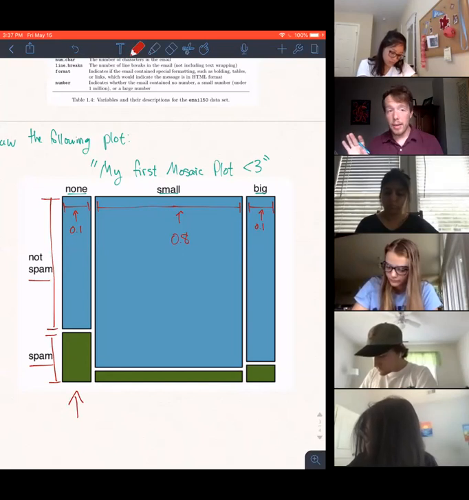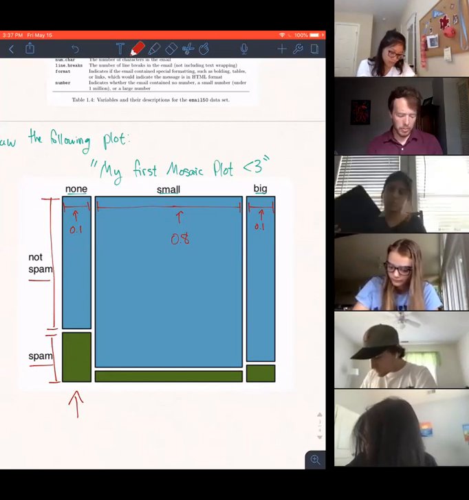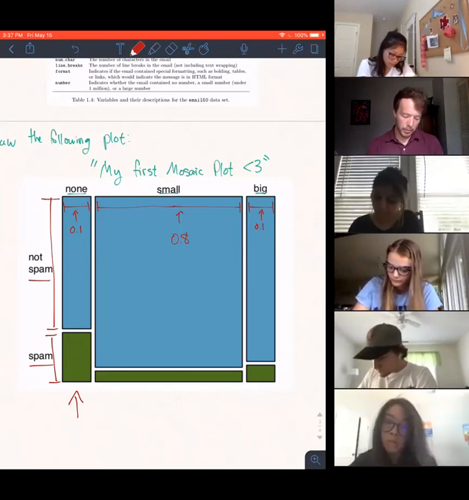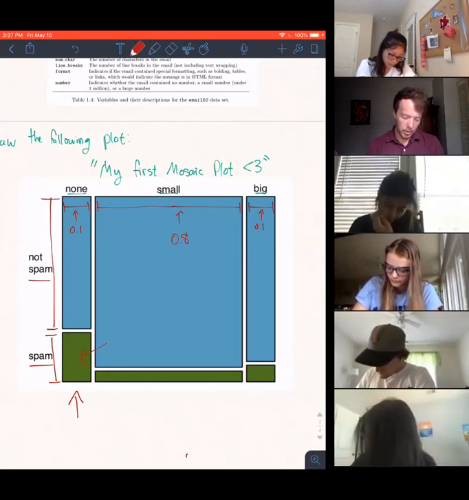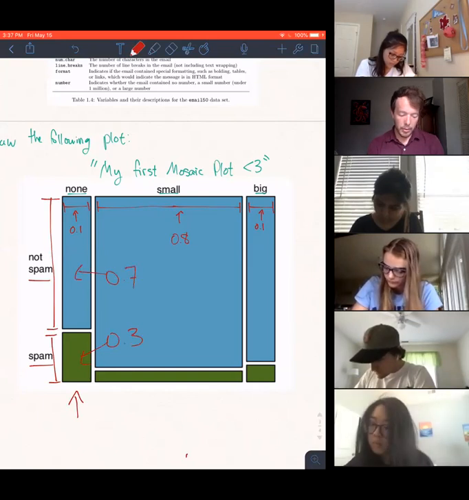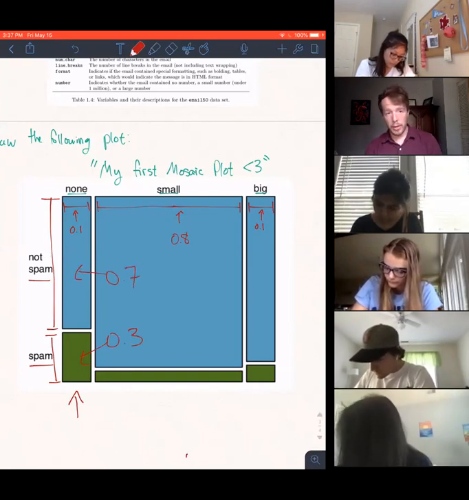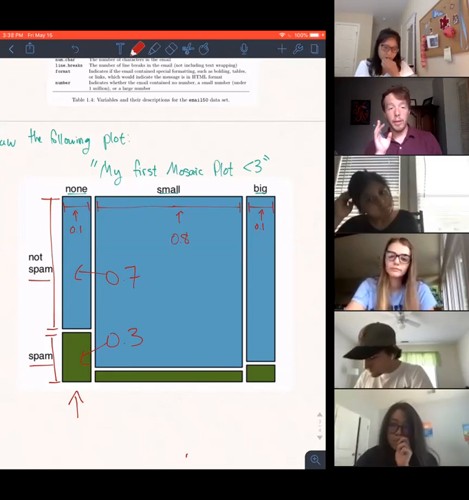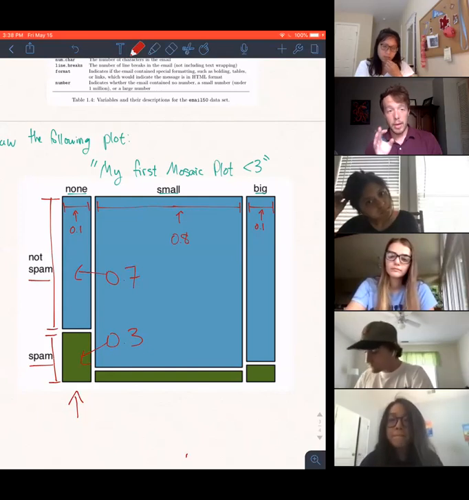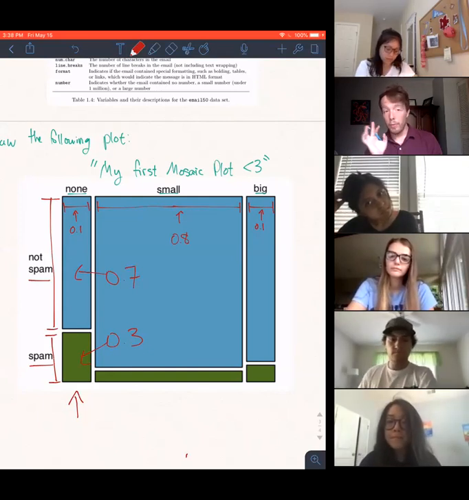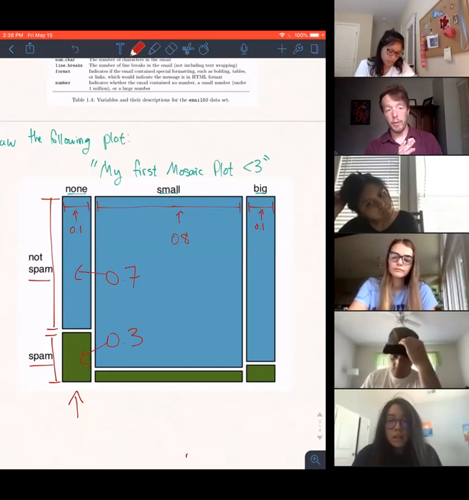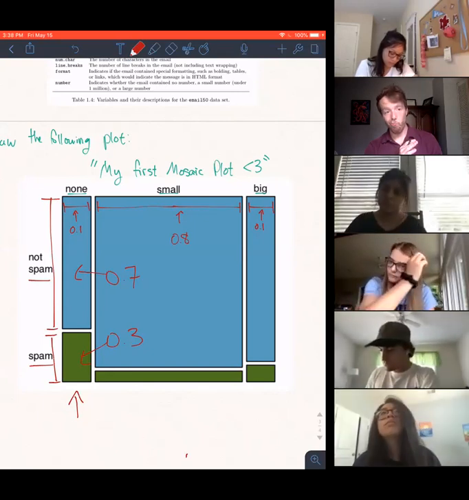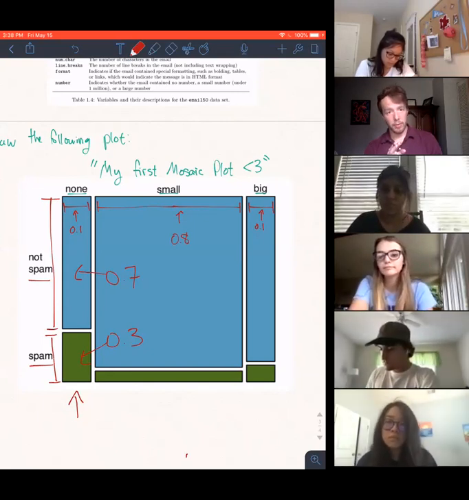This looks like it's around 0.3 maybe, and maybe this is then 0.7. This is not saying that 30% of the emails were spam and 70% were not spam. It's saying if you look at just the emails that are classified as none, 30% of those emails are spam and 70% are not spam. Does this make sense?